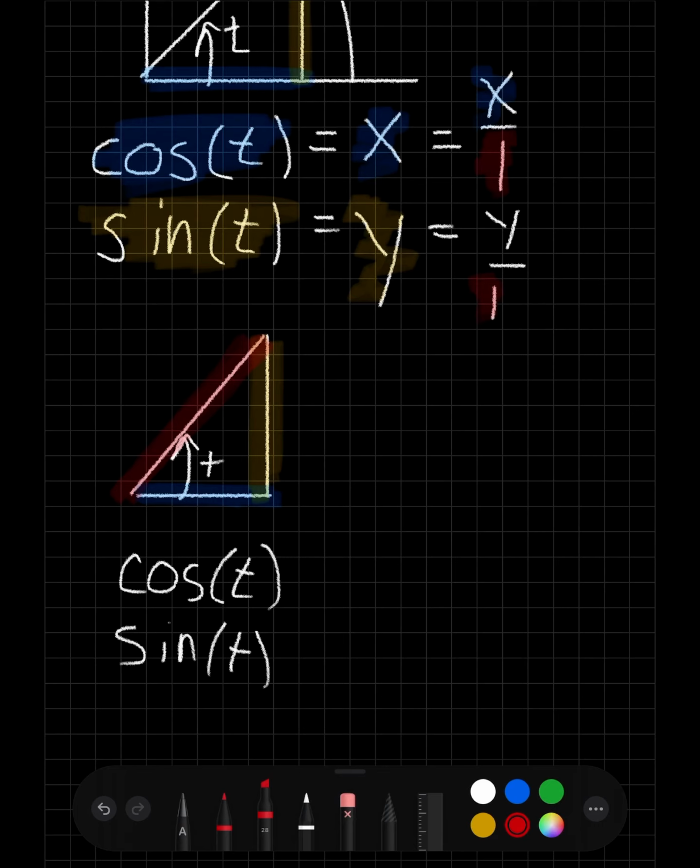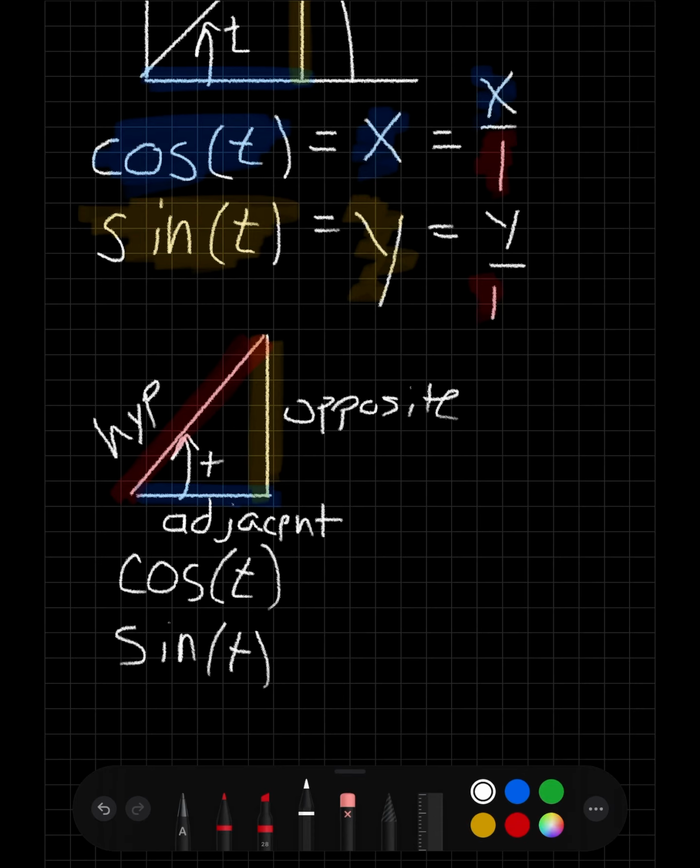So we're going to give these each new names. For this angle t, the yellow side that's directly across from this angle t, we're going to call the opposite side. The blue side that's right next to it, we're going to call the adjacent side. And our red side, the longest side of this right triangle, is going to be called the hypotenuse.